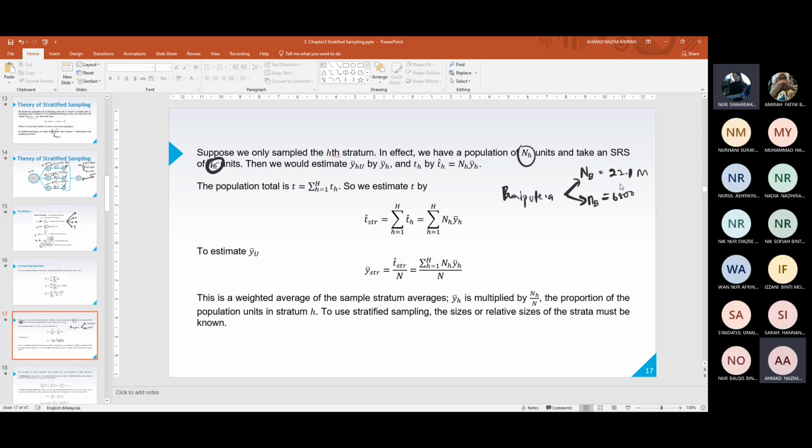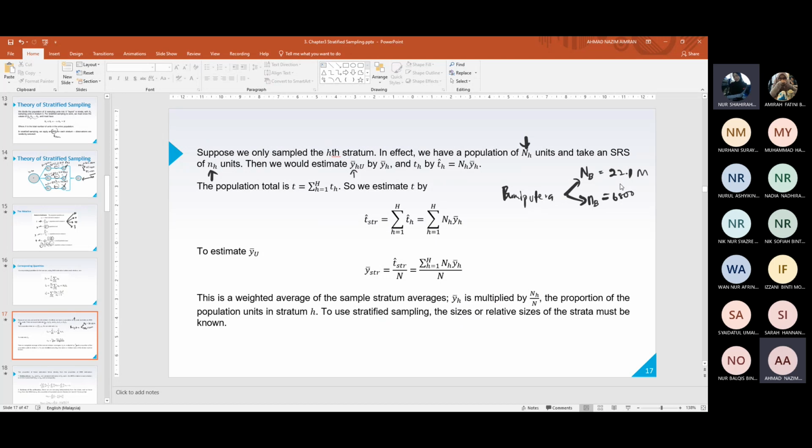The population size of Bumiputra, and the sample size of Bumiputra. Then we would estimate the Y bar HU by Y bar H. What is Y bar HU here? This is the mean of Bumiputra.